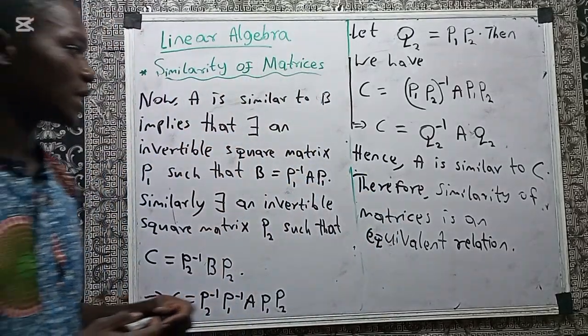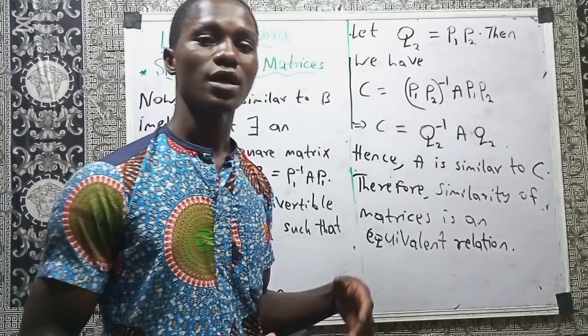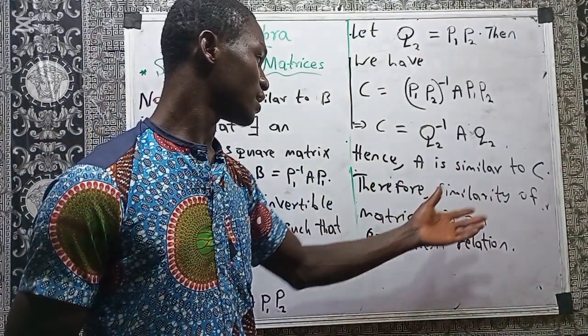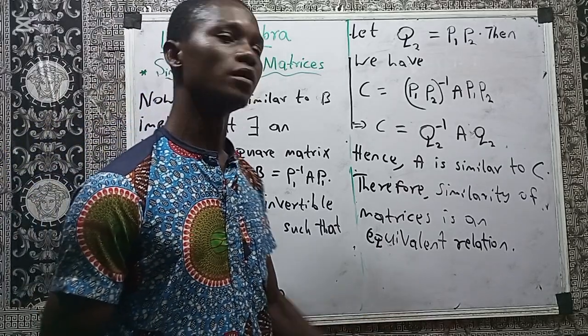That's what I've written down. Because the properties of an equivalence relation have been satisfied, similarity of matrices is an equivalence relation.